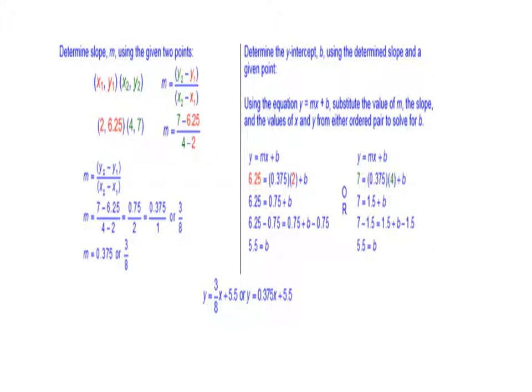Okay, so we'll use the slope formula, which is y sub 2 minus y sub 1 divided by x sub 2 minus x sub 1. So our 2 points are 2 and 6.25.